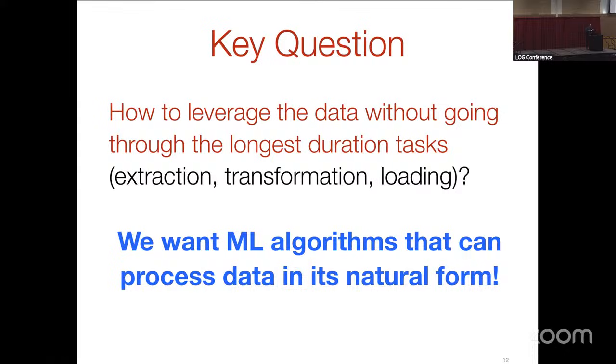And this is similar to the evolution of computer vision. At first in computer vision, we were designing filters, or computing some features and then applying some predictive models. Similarly, a few years back, we started with convolutional neural networks processing data end-to-end, or these days with vision transformers. So we want to go through the same process in the relational database domain.